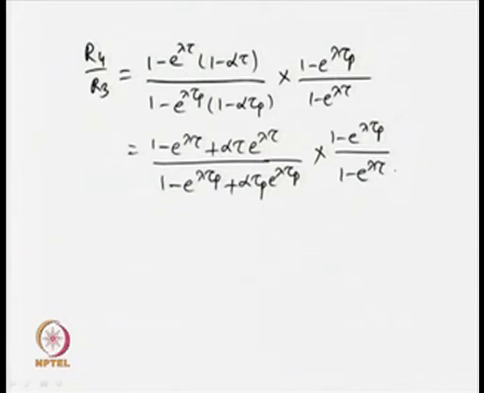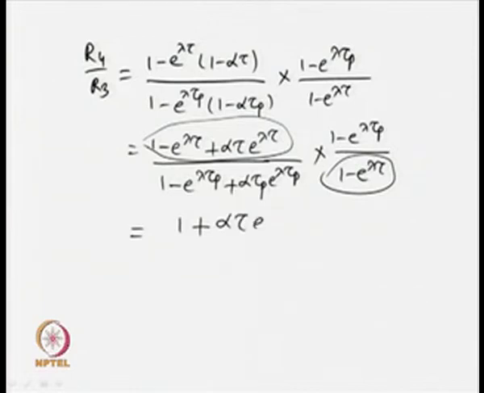Now, I will divide the numerator term, this by this, that will give me an expression of the form 1 plus alpha tau e to the power lambda tau by 1 minus e to the power lambda tau. What I have done is I have divided this term by this.